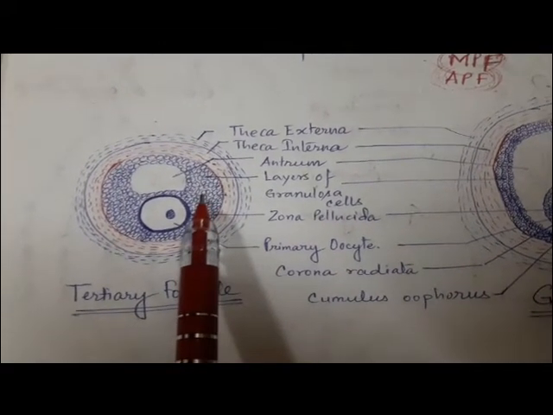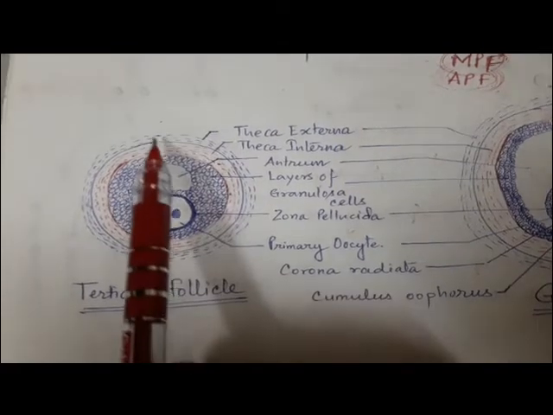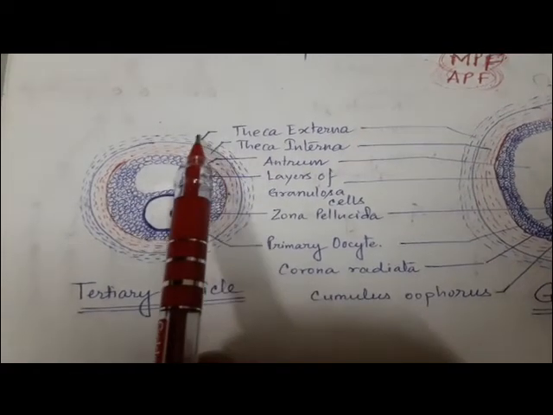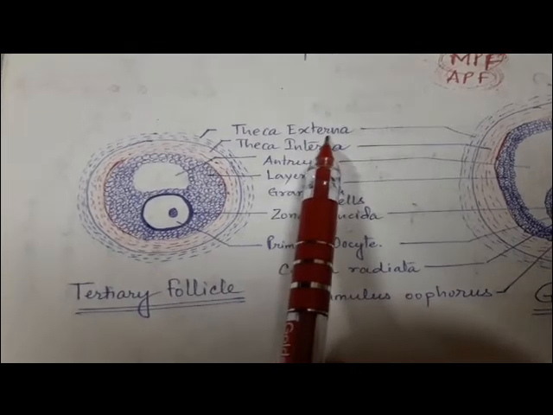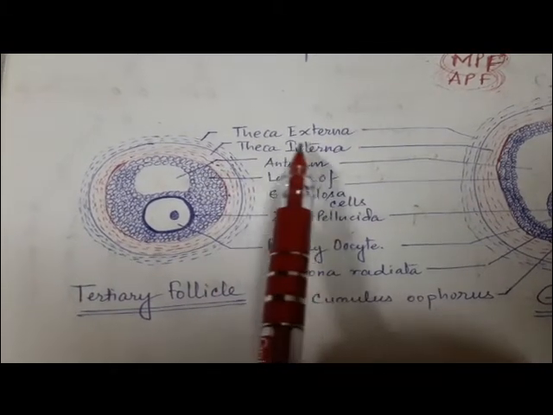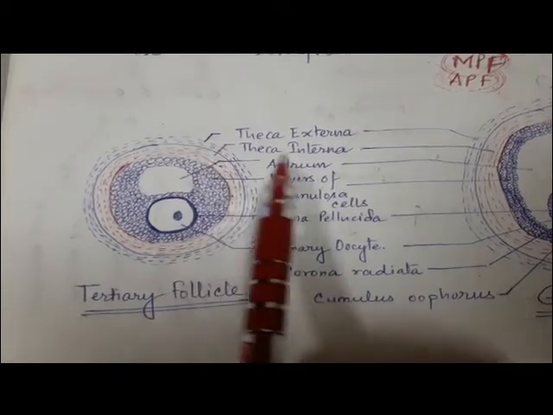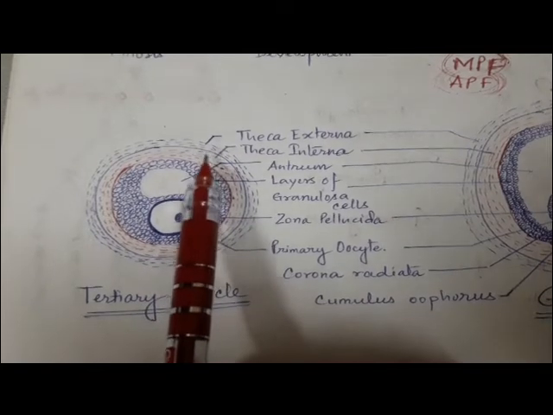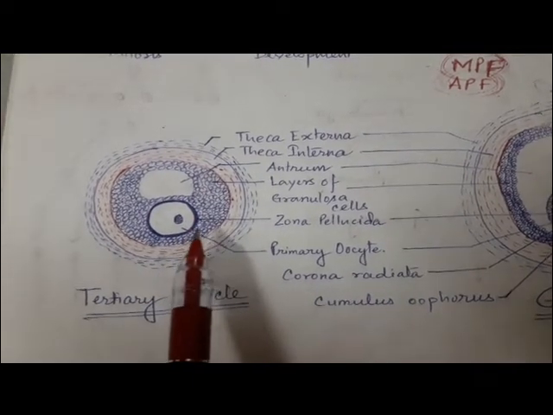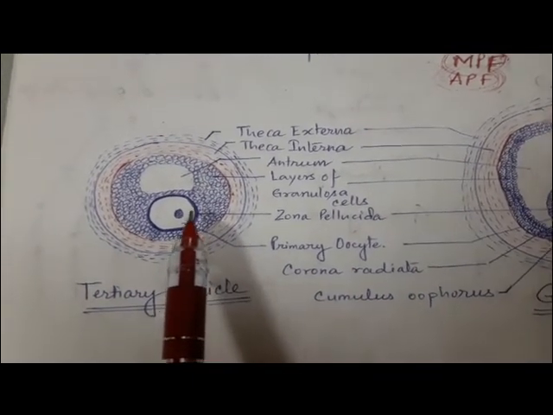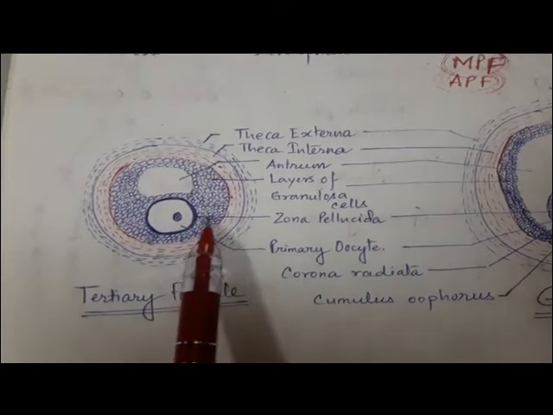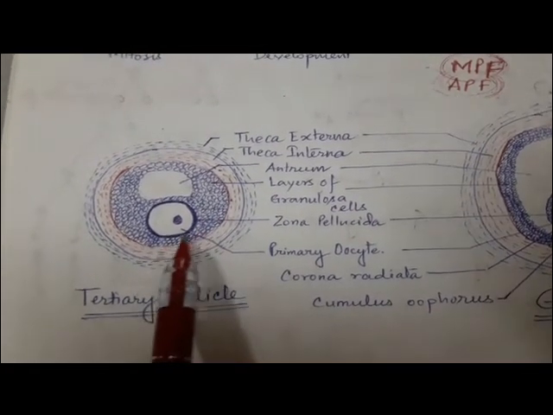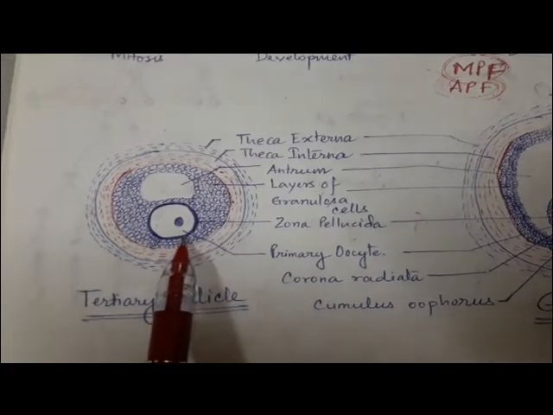And it is also seen that in this structure, you can see the upper layer is formed of theca externa. So here the theca gets divided into theca externa and theca interna, right? Here you can see the structure of the zona pellucida. Zona pellucida is nothing but a glycoprotein rich layer, right?